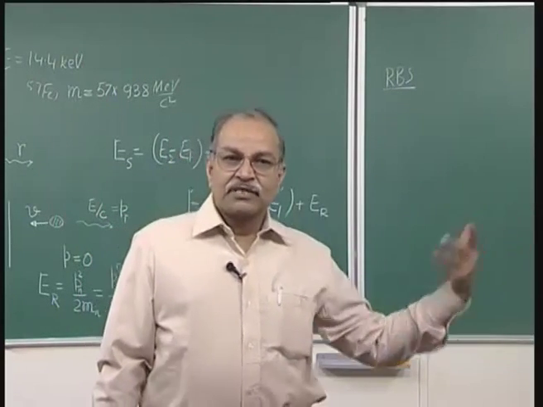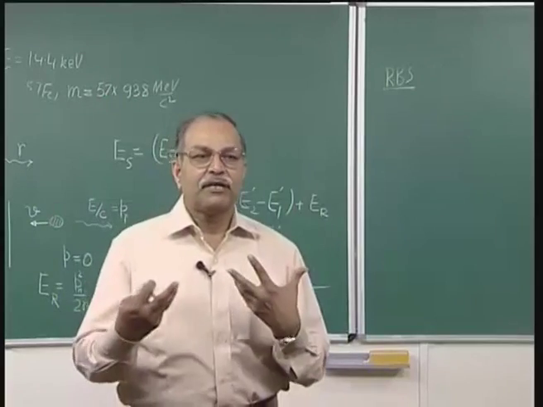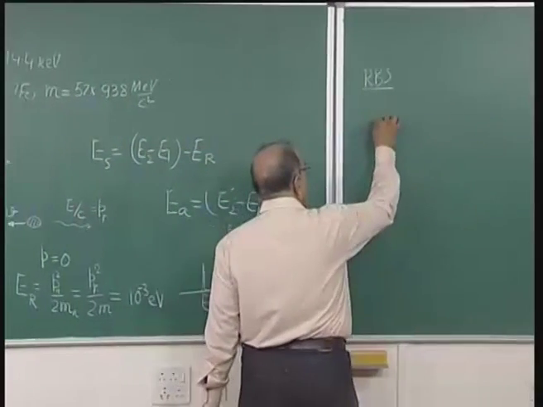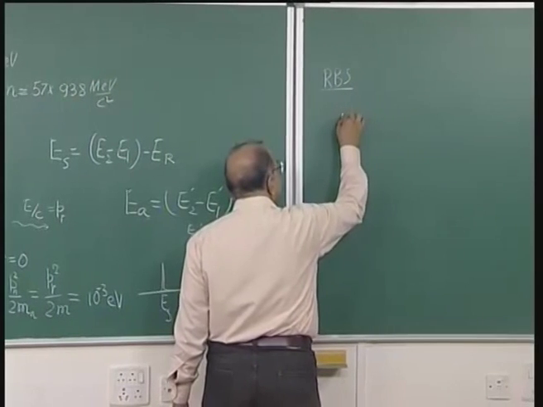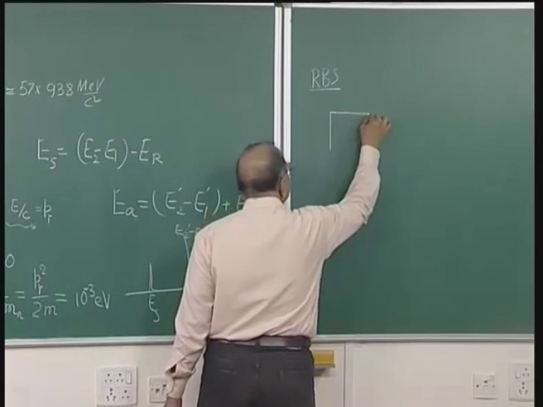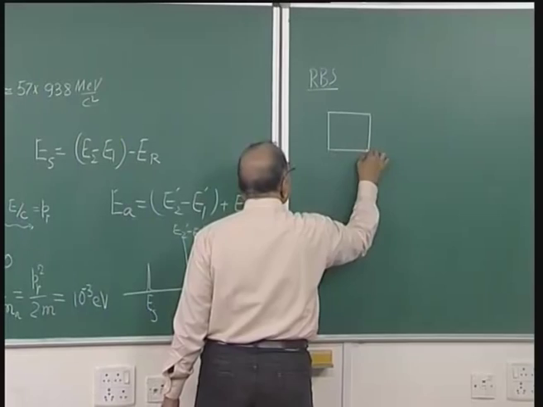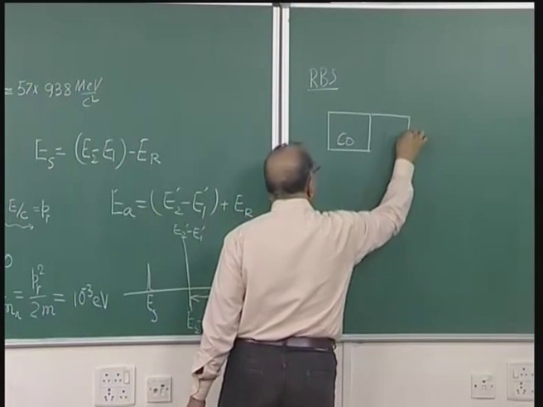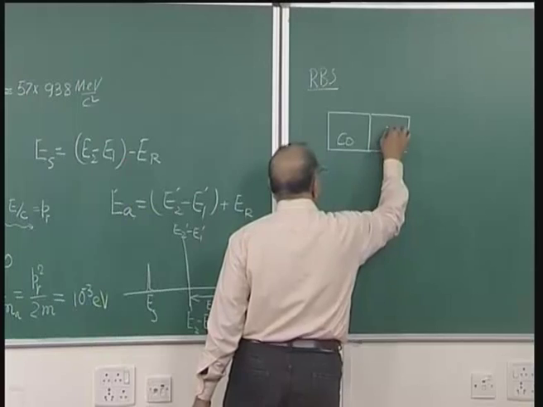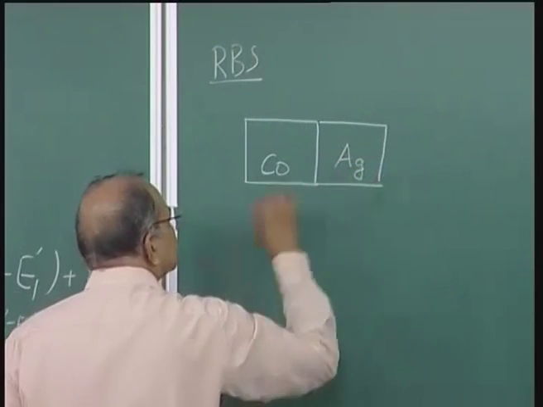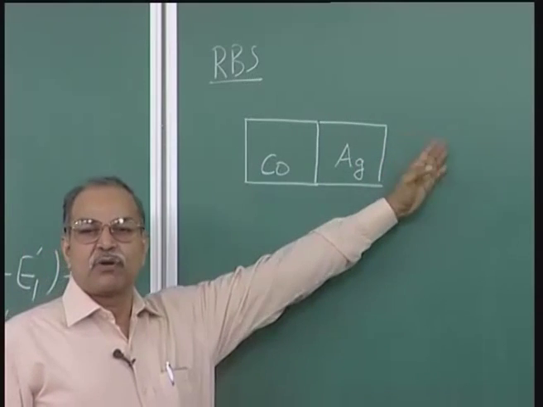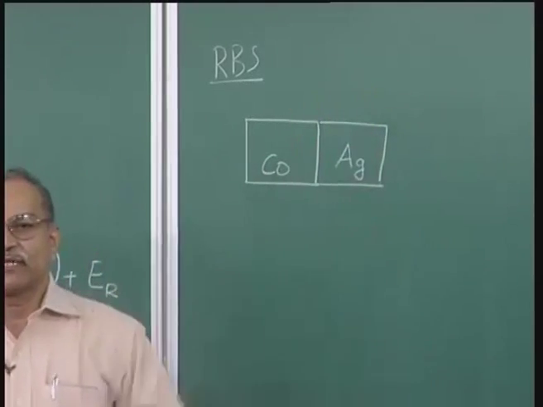For example, suppose you have some kind of bilayer, cobalt here and silver here. Or a multilayer, where you have repetition of this cobalt, silver, and so on.